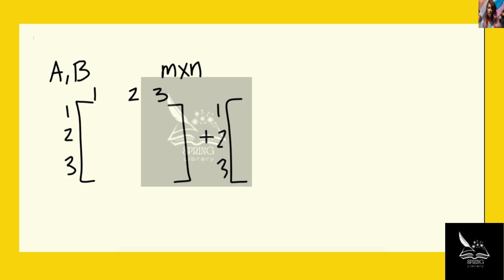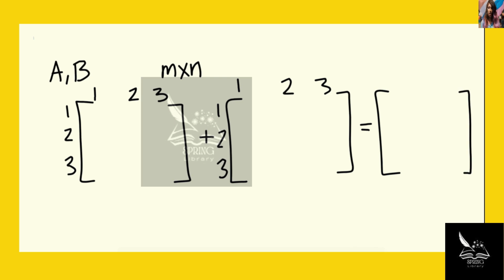The process of adding them together is actually kind of simple, which is nice. Math is occasionally simple. What'll happen is you'll take the element in each matrix in the same column and row number and add them together for the result.